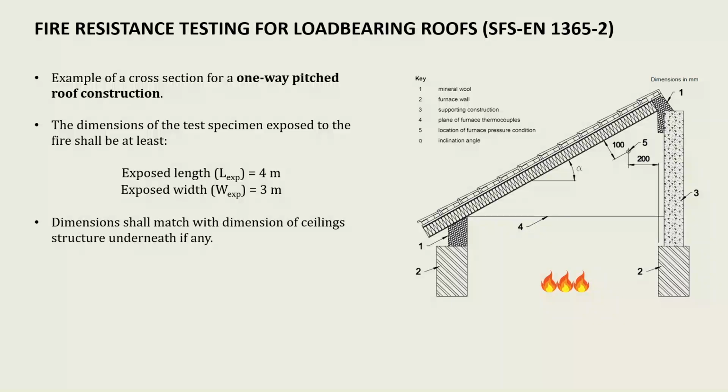Moreover, the roof shape should reflect real-life applications, such as pitched, flat, or monopitch configurations. The specimen must also include all joints and junctions typically found in practice. Furthermore, the specimen edges can be fire protected for testing purposes.